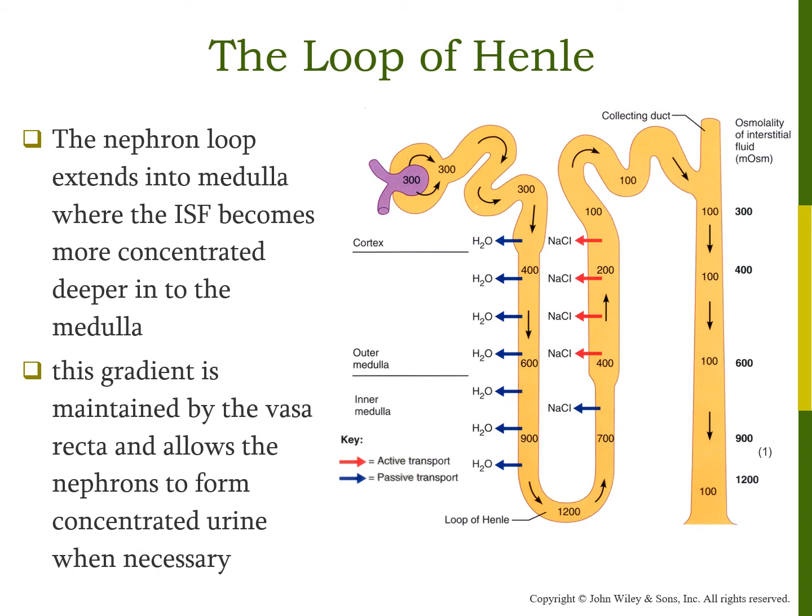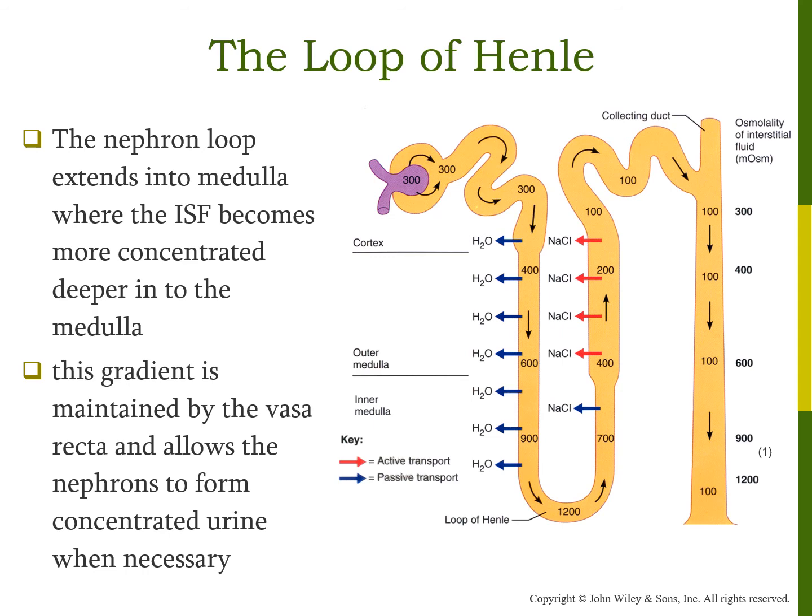As the remaining filtrate passes from the proximal convoluted tubule into the loop of Henle, note that its composition is quite different from that of the original filtrate because now glucose, amino acids, and other nutrients are no longer present, along with large amounts of the electrolytes and water.